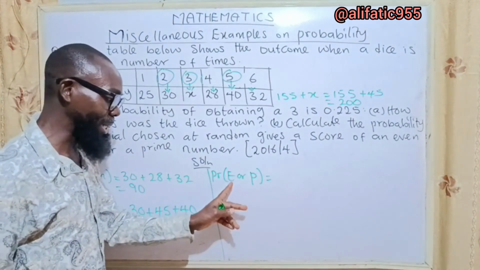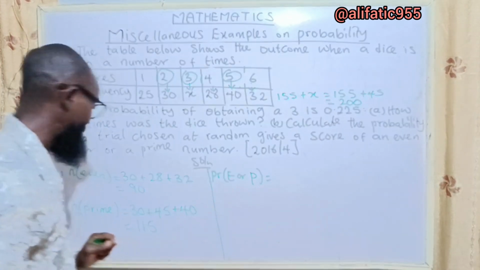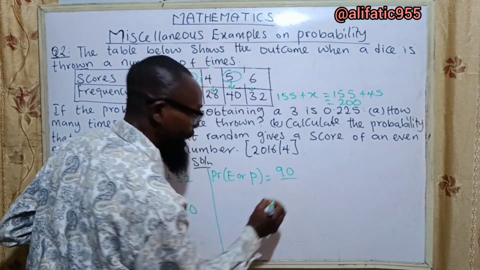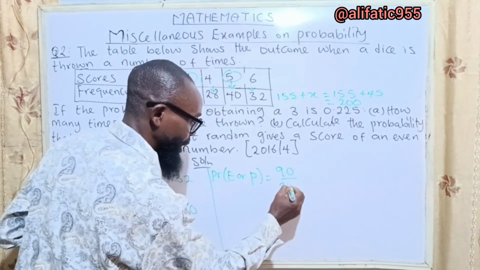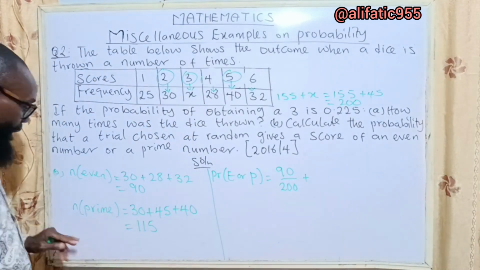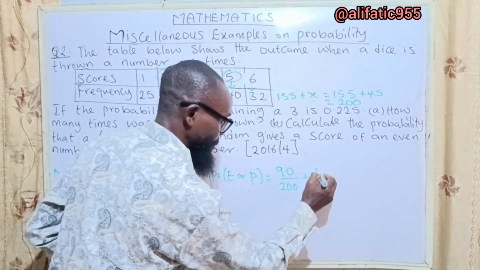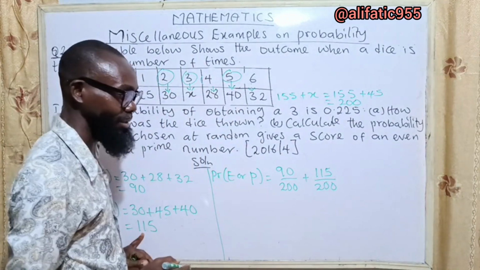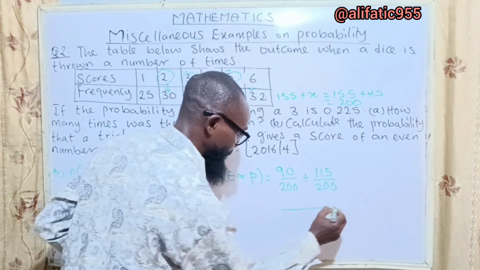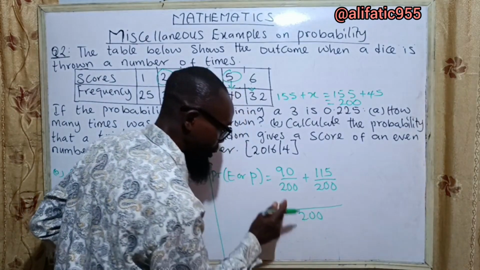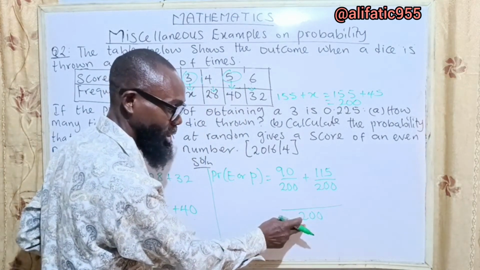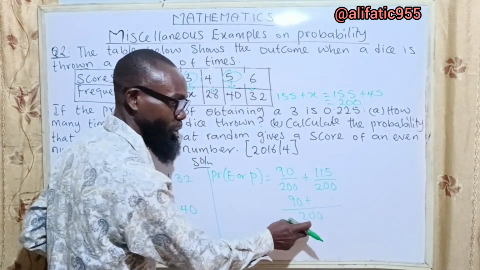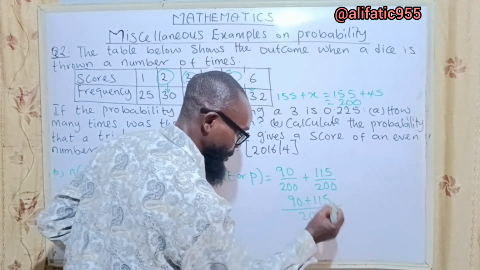Now, the probability of even numbers. The number of even numbers is 90, over the total number, 200, plus the number of prime numbers, 115 over 200. Are we together? So we can find the LCM. 200 goes there, we have 1, 1 times 90, 90 plus, this goes there, we have 1, 1 times 115.